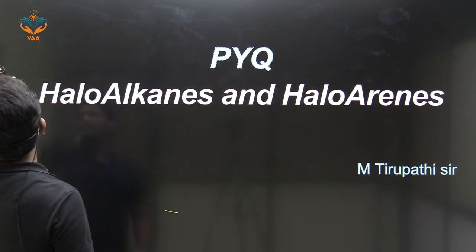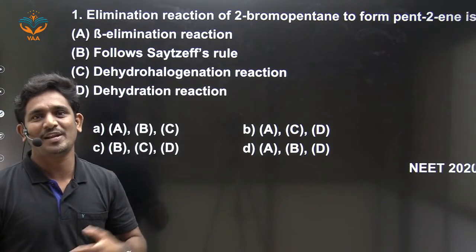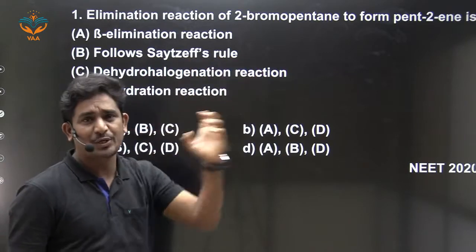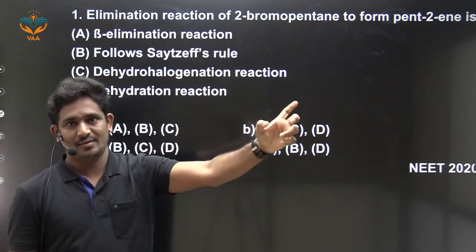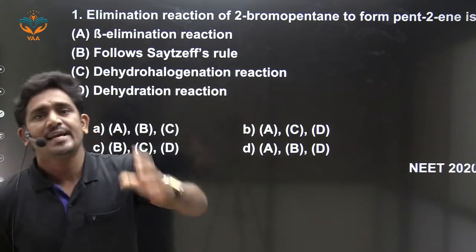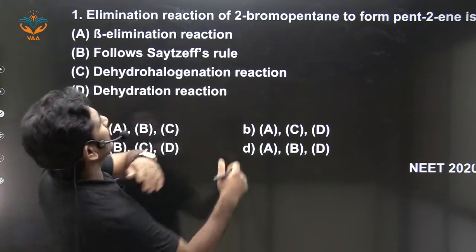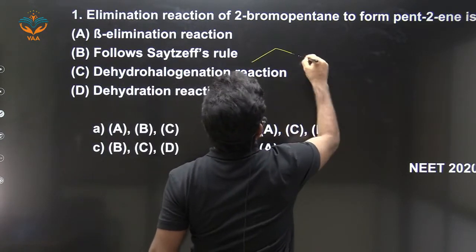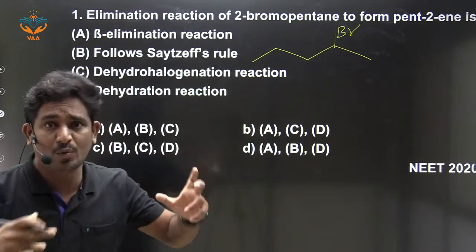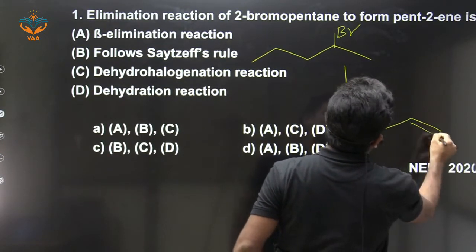The first one is an elimination reaction, elimination of alkyl halide: elimination of 2-bromopentane to form pentene. Which type of mechanism does it follow, and which type of reaction is it? It is a beta elimination reaction. 2-bromopentane will give 2-pentene.